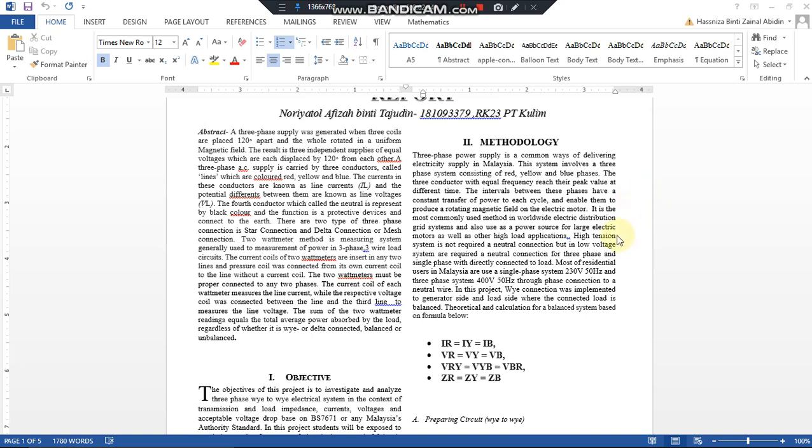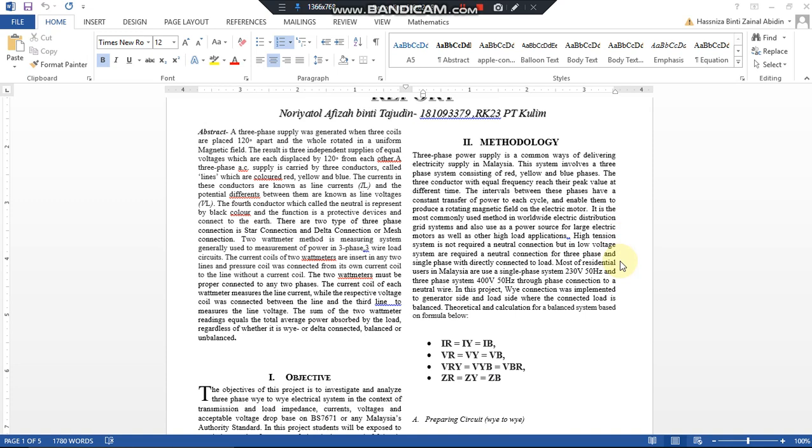It is most commonly used in the worldwide electric distribution grid system.